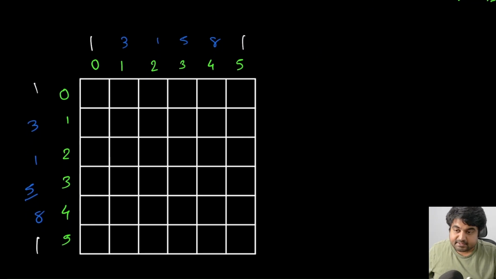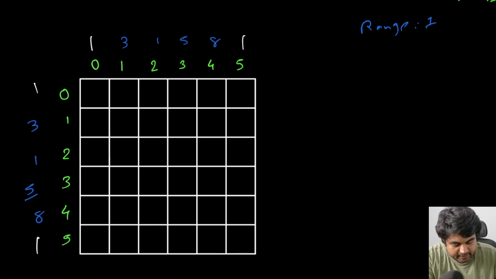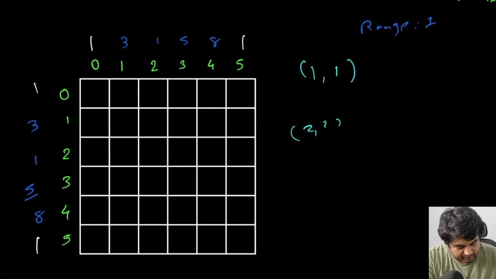Now let's try to do it one by one, starting with the smallest range possible, which is of interval 1. If we are only dealing with interval 1 ranges, what are the different values we are trying to compute? First would be 1 1, second would be 2 2, third would be 3 3, and fourth would be 4 4.